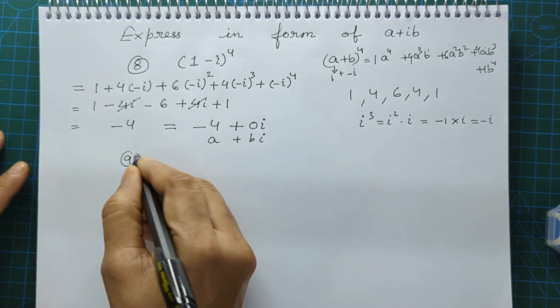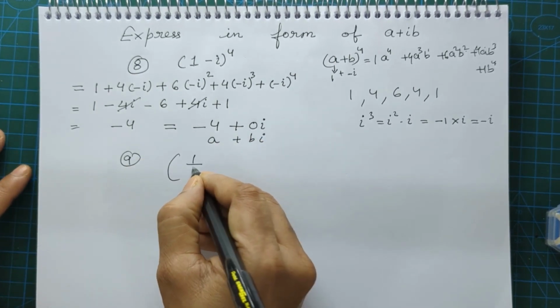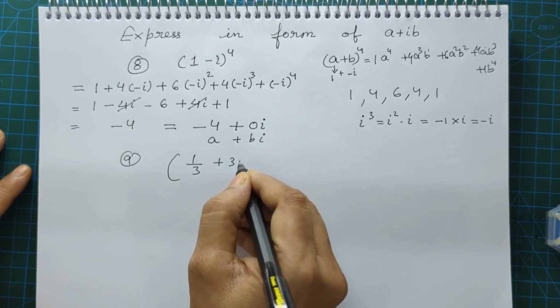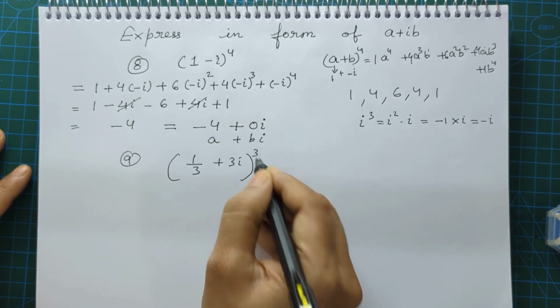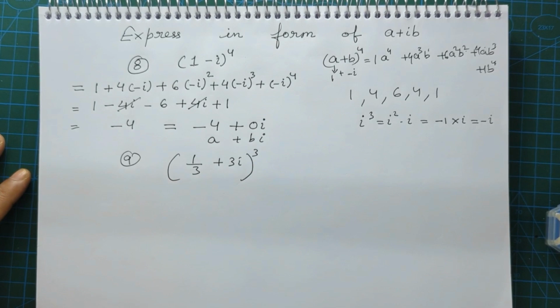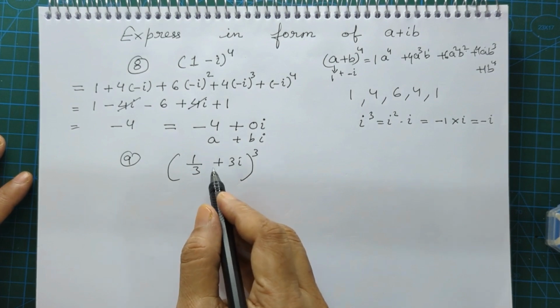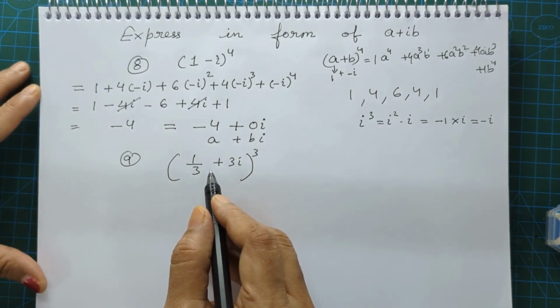The ninth question: 1 by 3 plus 3i, whole to the power 3. First we will do the expansion of terms in the form (a plus b) whole cube, and then we will settle the like terms and unlike terms.